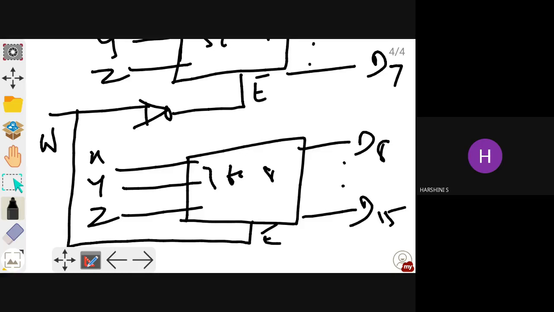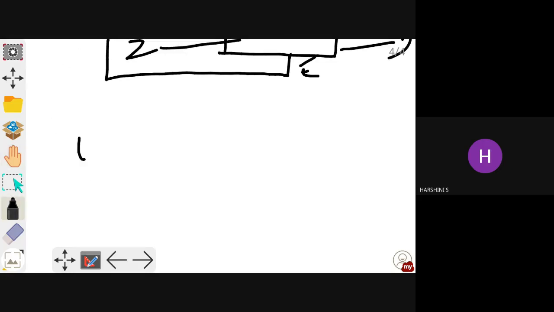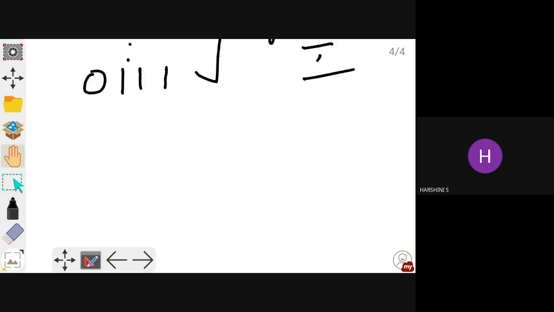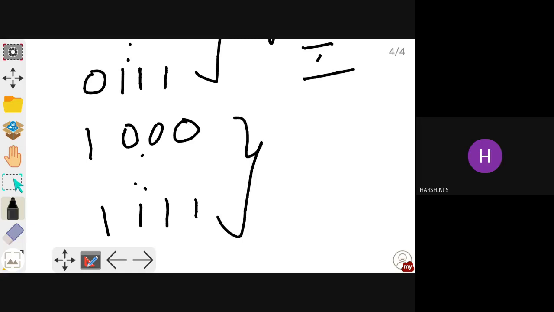So what will happen: from 0000 to 0111, D0 to D7 will be produced. The first decoder will work. Then from 1000 to 1111, the next 8, D8 to D15, will be produced. The second decoder will work.